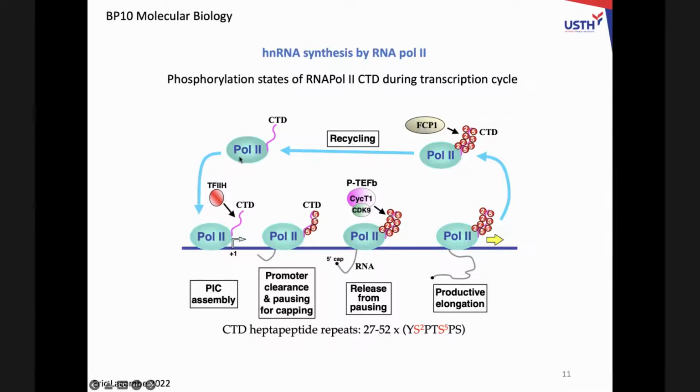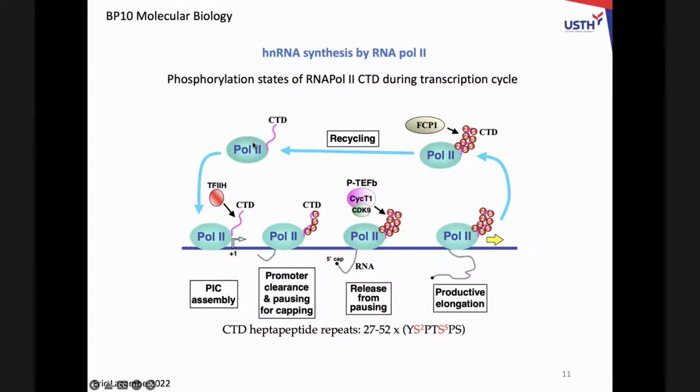And the cycle: CTD means C-terminal domain of polymerase 2, this is the site of phosphorylation, and the phosphorylations are those little red balls with numbers. Don't pay attention to the numbers. TFIIH is another general transcription factor that is very important, and I will explain why.